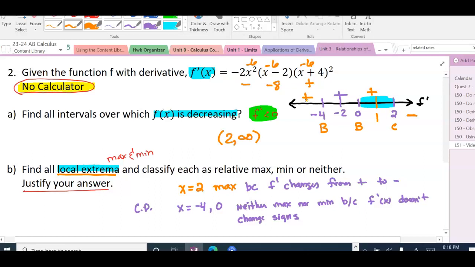So no matter how I do it, it all results in the same thing. Coming up, bouncing, bouncing, crossing through. Graphically, of course, is faster if you can get good at that. And now all of these justifications are the same, whether you have just a sign test, positive, positive, positive, minus, or your actual graph.